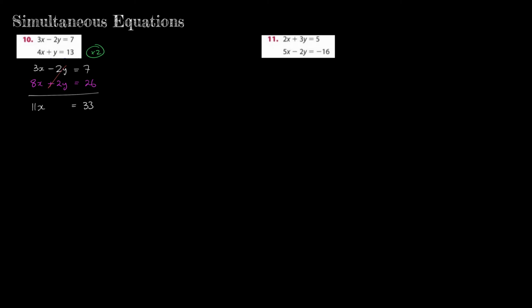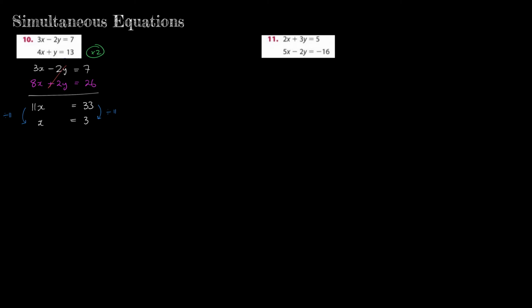So 7 plus 26 will give us 33. So to find out what 1x is, I divide both sides by 11, and x will be equal to 3. I'll just put in the divide by 11 for anyone that's unsure. So how we're going from that step to that step is we're dividing by 11.